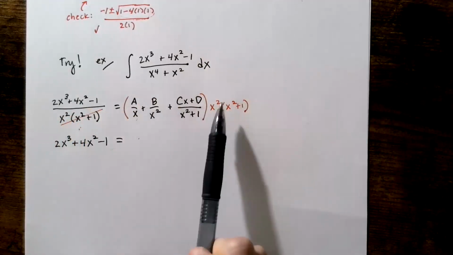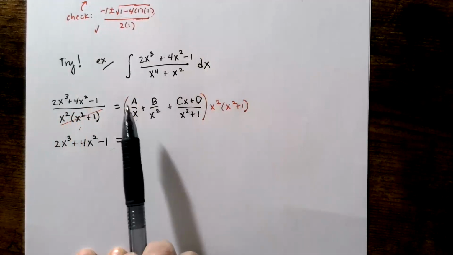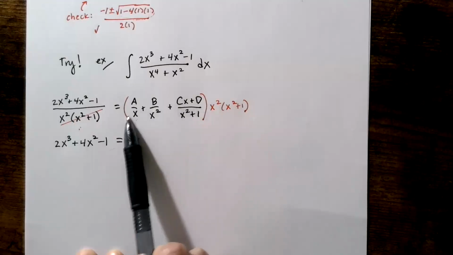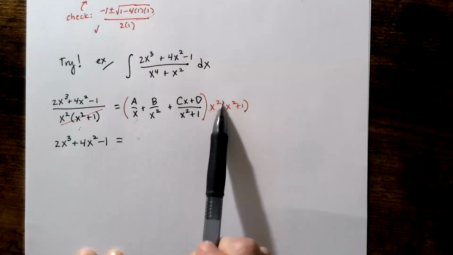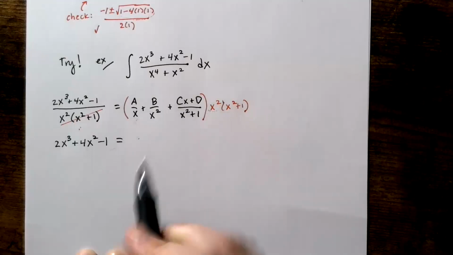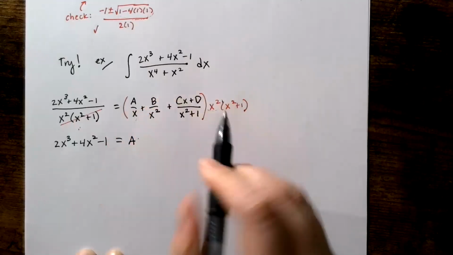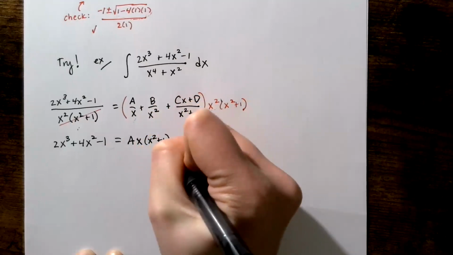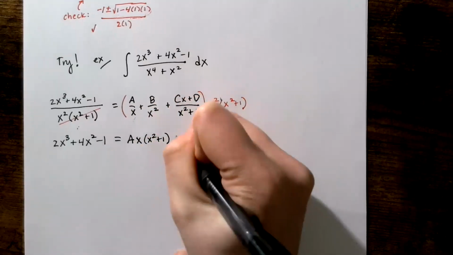Okay, so if I imagine this distributing into just the a over x first, a pair of x's top and bottom cancel. So this x is totally gone, but this x squared is only knocked down to regular x. So I have a times one of these x's times the x squared plus 1. Okay.